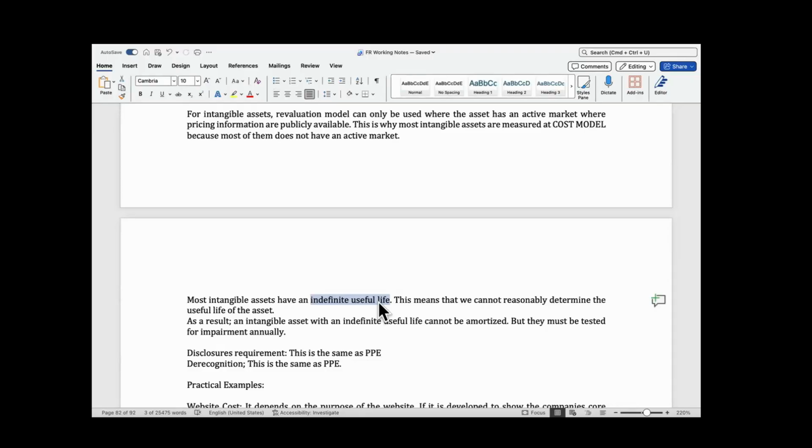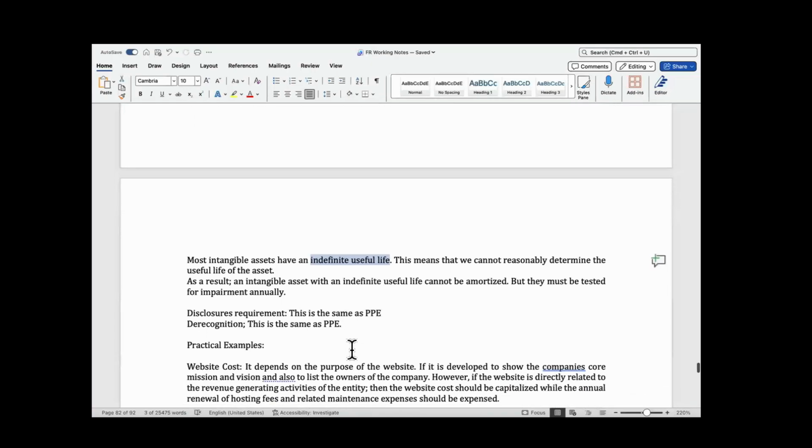That's infinite. So the useful life here is indefinite, not infinite, right? So when you have an intangible asset with an indefinite useful life, you cannot amortize it. What you do is to test them for impairment annually.